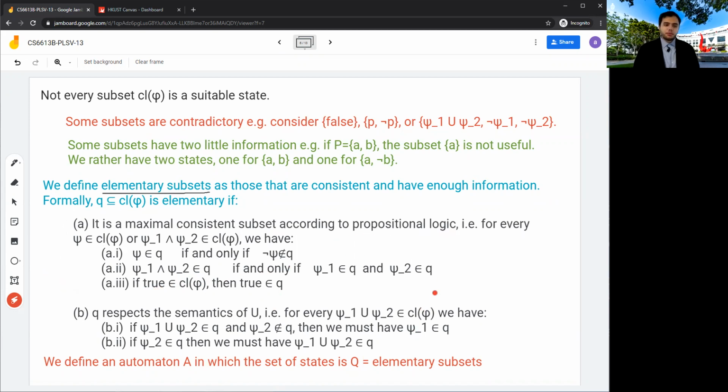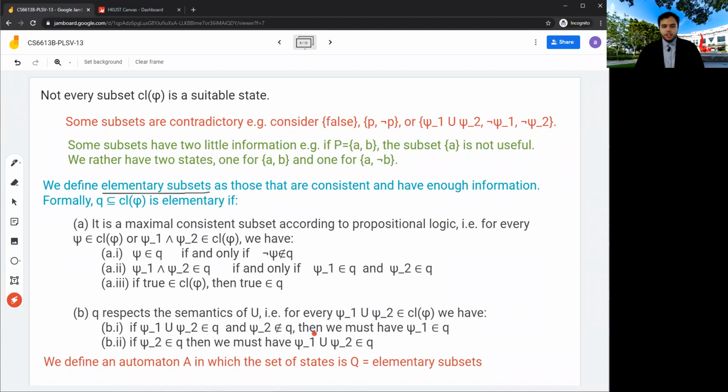But there are also some conditions that we need to satisfy with respect to until, right? Because, for example, we didn't want this kind of set. We didn't want to have this kind of contradiction. So we should basically also respect the semantics of until. So if in my set of formulas, I have psi1 until psi2, and I don't have psi2 itself, then I should definitely have psi1.